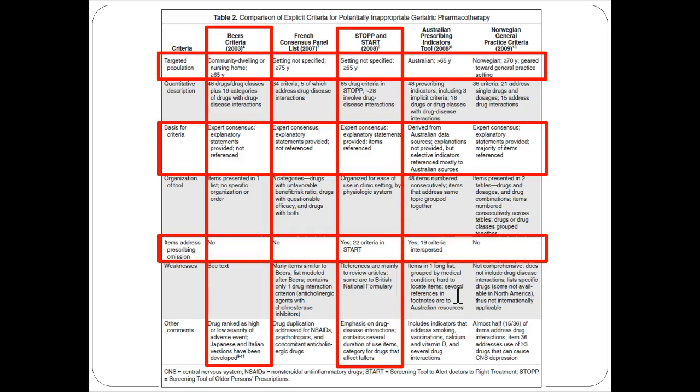This slide's kind of confusing, but basically it shows some differences between some of these different consensus panels. So in case you wanted to know, a little bit of the background as to how these studies worked: a lot of them just use expert consensus. They look at different drug criteria to say, all right, should we stop different medications? Should we recommend different medications in different categories? How should we split up the medications?